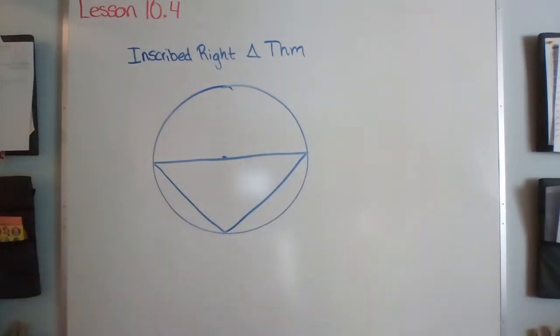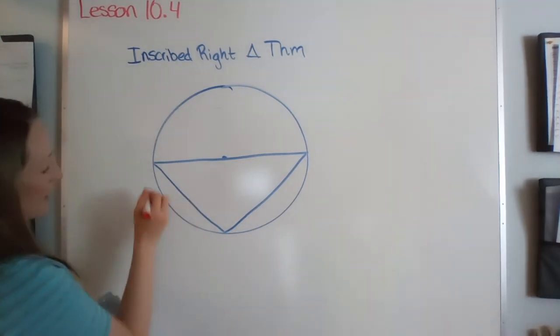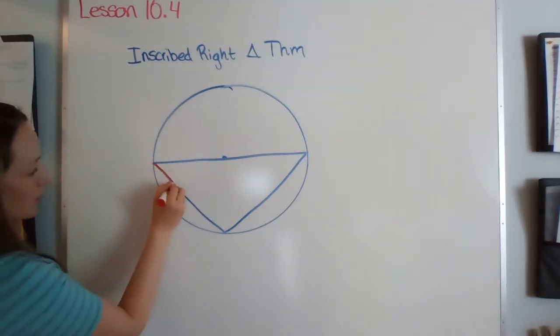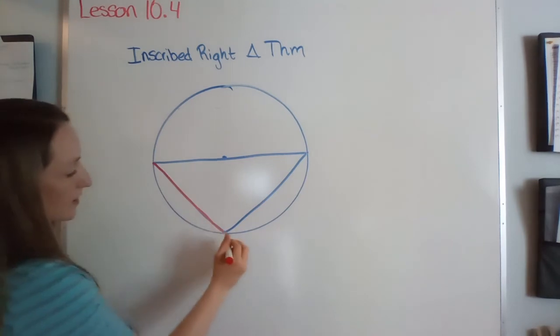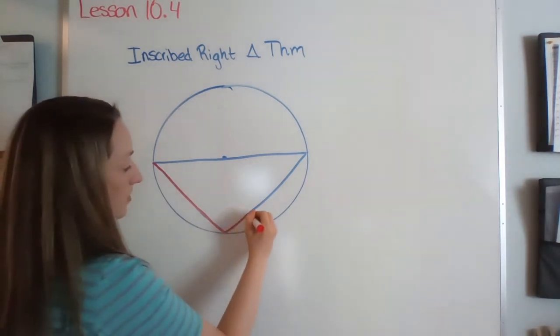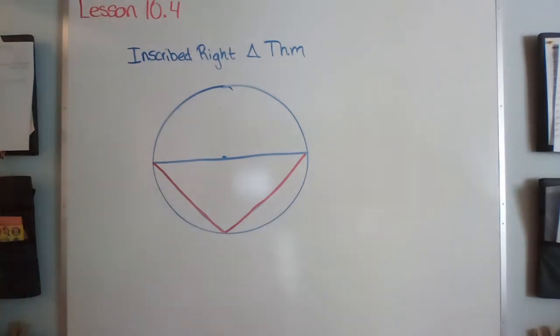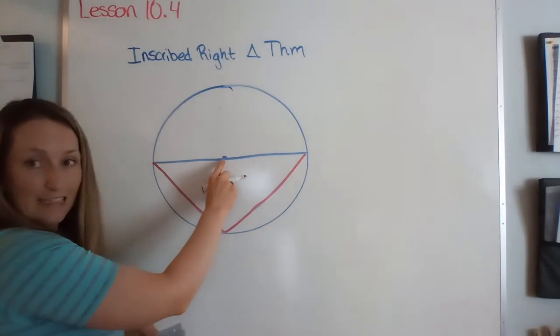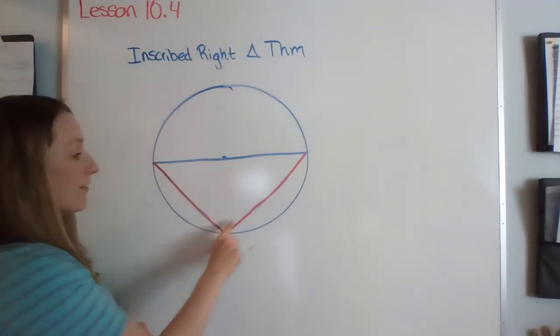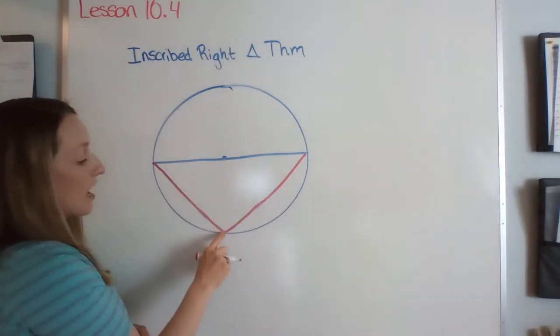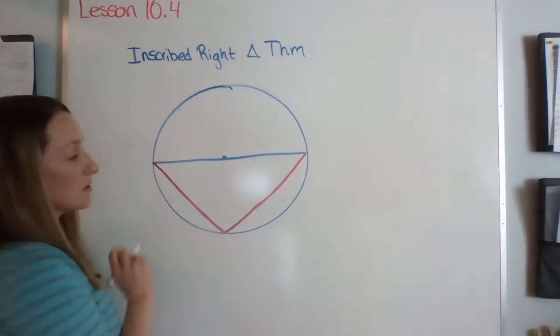So if you look at this angle right here, which I'm going to redraw in red, I'm going to start asking you quite often, what kind of angle is it based on the location of the vertex? Remember, we talked about central angles, angles whose vertex is on the center of the circle. Now we have inscribed angles, the vertex is on the circle. So this angle is inscribed.